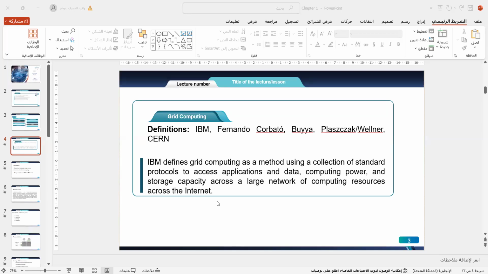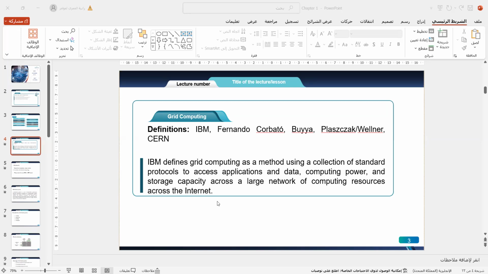Also, grid computing can be viewed as a subset of distributed computing, where a virtual supercomputer integrates the resources of several independent computers that are distributed across geographies.